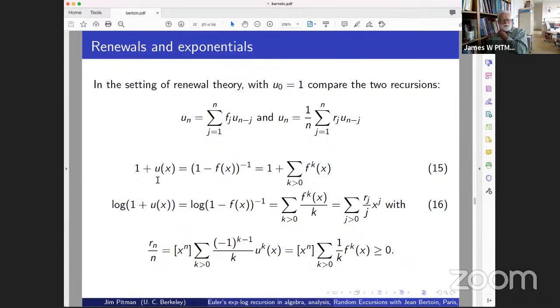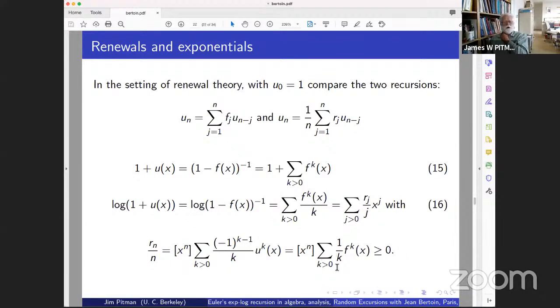So if you do that, you have the Feller-style renewal formula, and you have now the Euler-style formula for the logarithm. And if you compare those, you see that in the Eulerian recursion, r_n over n is always the coefficient of x to the n in this expression. That was Euler's theorem.